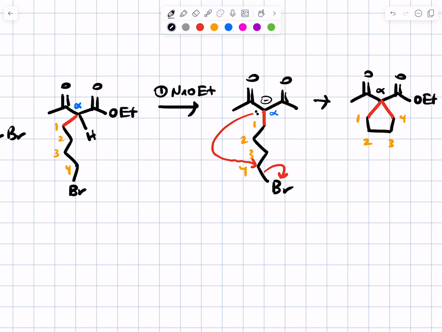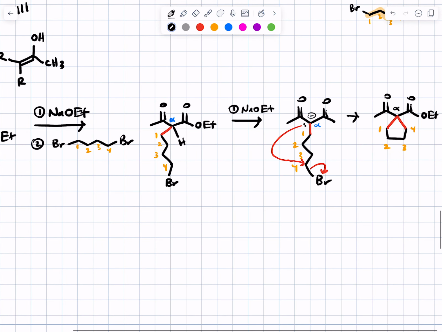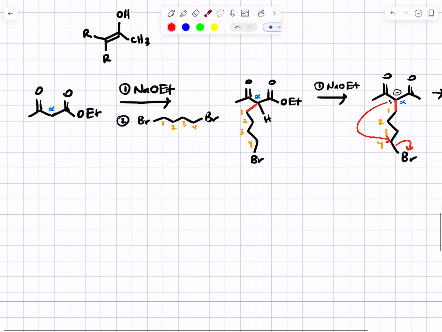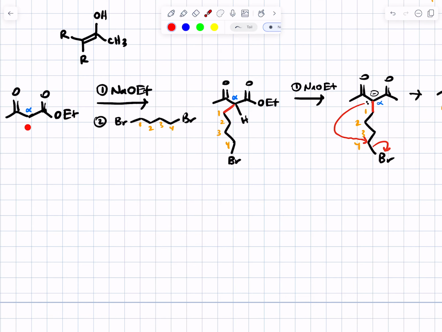Is there competition with nucleophilic attack from the ethanol or ethoxide? Good question. Is there competition between nucleophilic attack by this sodium ethoxide, the alkoxide EtO-, and the alkyl halide? No. Well, actually, not at this stage, because you just remove the proton.